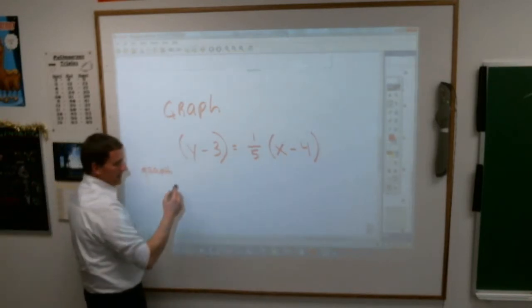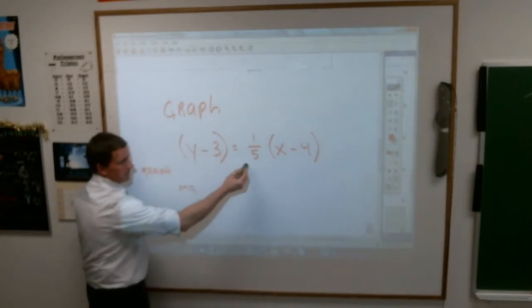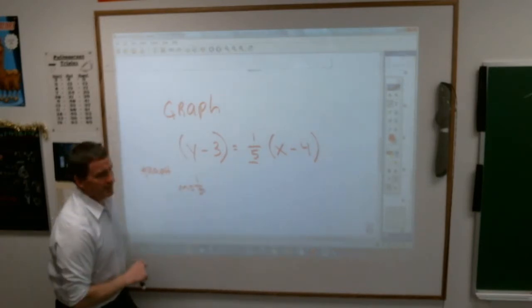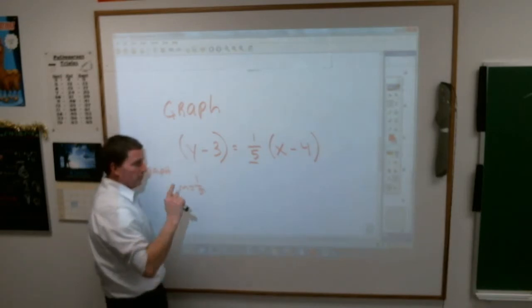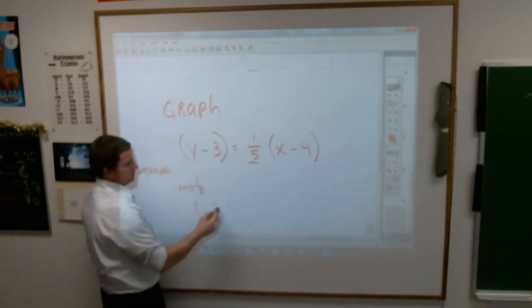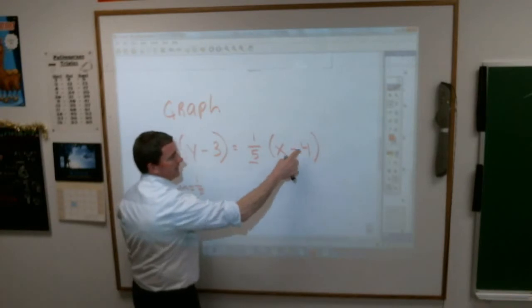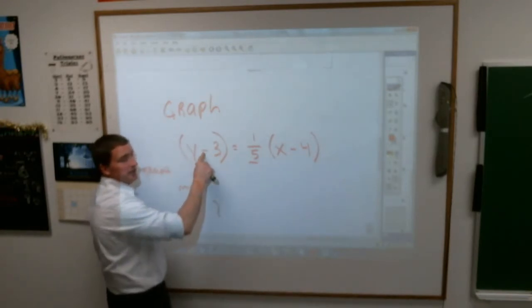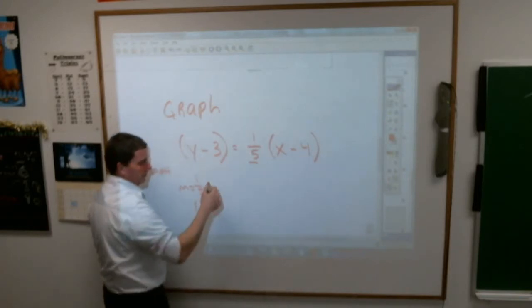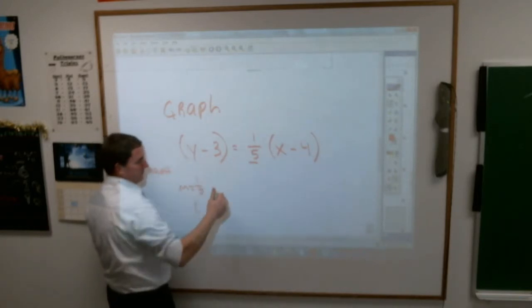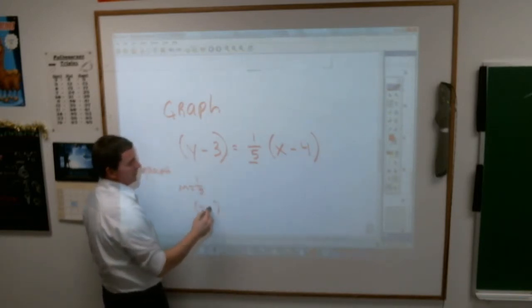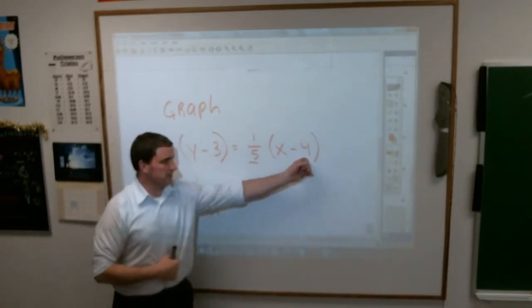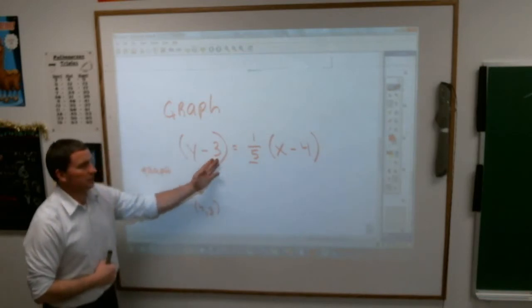The slope of this line is 1/5, and the one point on the line is (4, 3). This is the y, this is the x. Notice in the original equation, these were minuses, so they're going to be positive 4 and 3, because if I plug them in, that's where they go. This is the x value, that's the y value.